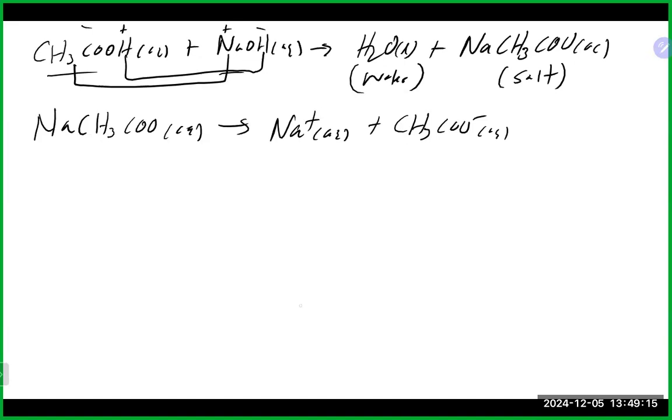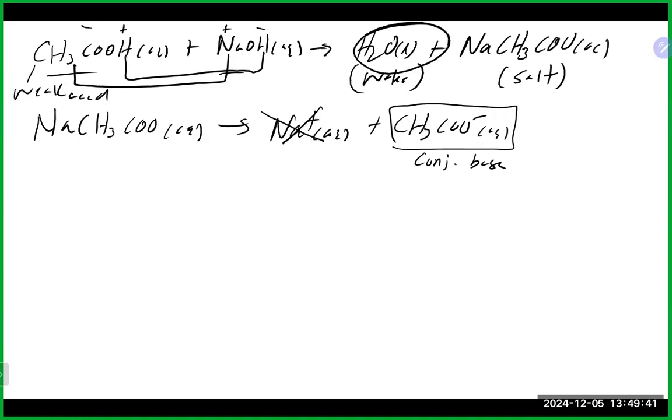Sodium we're not going to worry about because it is group 1 on the periodic table, but the acetate we do have to worry about because it does come from this acid, which is a weak acid. And because that's a weak acid, that means that this guy would technically be its conjugate base. And that means it will go through the hydrolysis reaction.